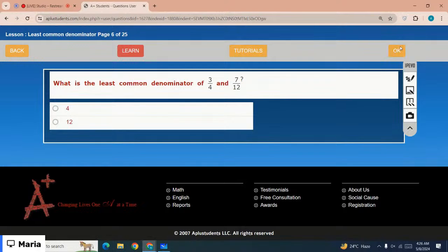Which is the correct option? The correct option is 12.